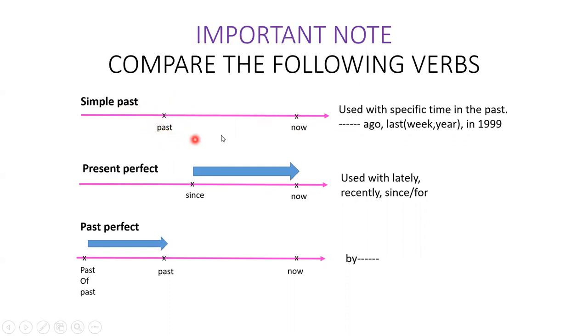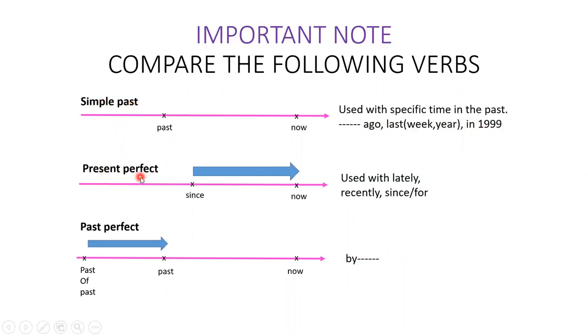Usually, the simple past tense is used with words like ago, last, and in. For example, 3 years ago, 2 days ago, or last week, last month, or in 1999, in the 20th century, in the beginning of the 11th century, whatever. All of these give us a specific point in time, which is in the past. With these signal words, we use the simple past.